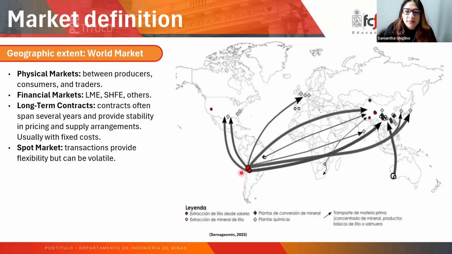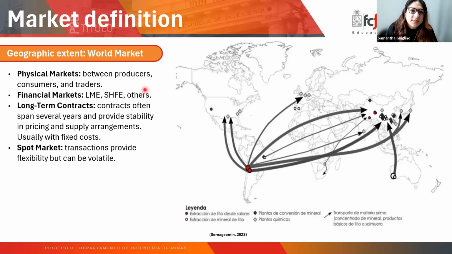And the flow of commerce, as you can see, goes mostly into China, and to a lesser extent to Europe, but most of the concentration is here. So why have we defined that it is a world market? Because while it is true that there are specific regions that produce and where it's sold to, most of the prices are set by transaction and are not really differentiated by where it is sold from or to. That's why we have defined this as more of a world market than a regional market.